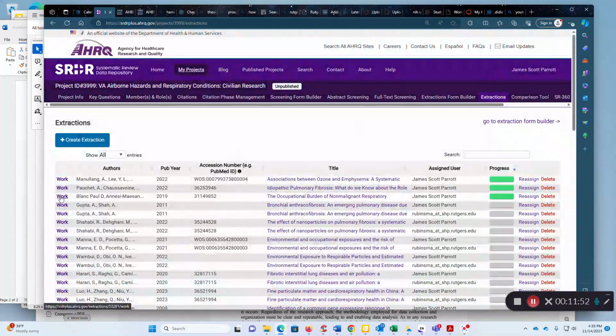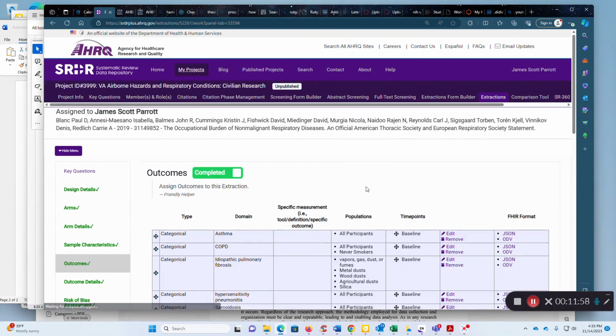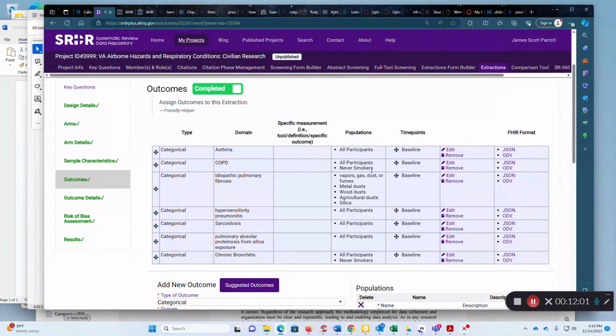So jump back here, go to the Blanc, and what we're going to see here under outcomes, the rest of it is all going to be the same, of course, but we see that the Blanc and colleagues organized by disease state. So they talked about asthma first, then COPD, etc. But what they did is they broke down different cases, some of them, like for COPD, all the studies, and then only the studies that included non-smokers.